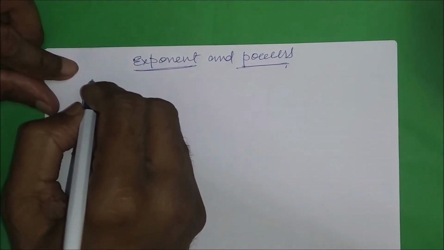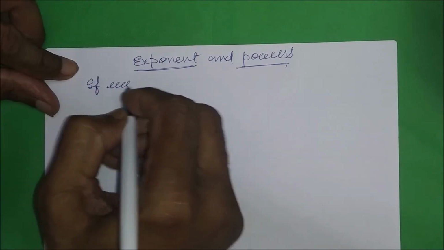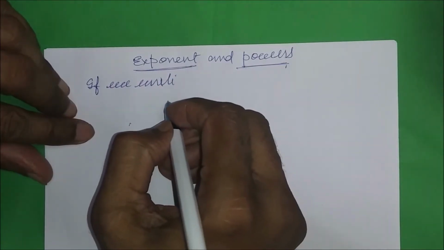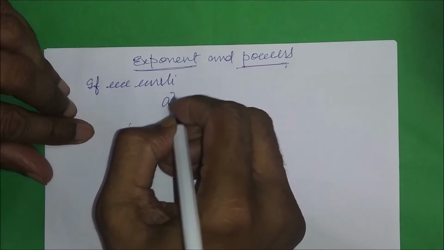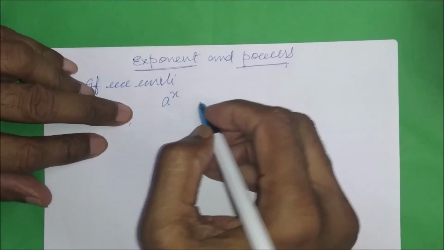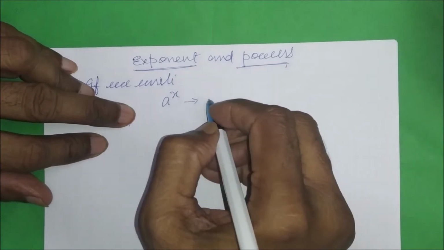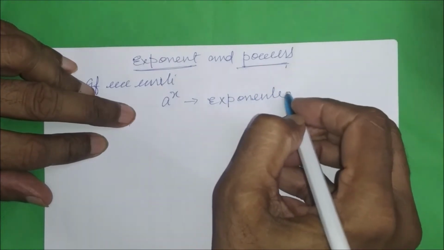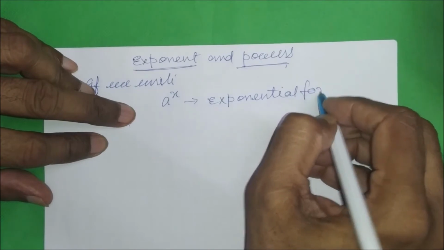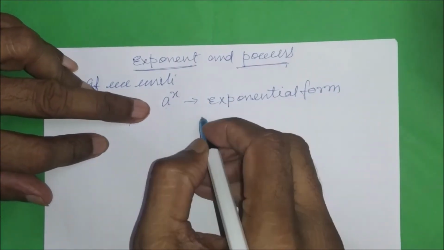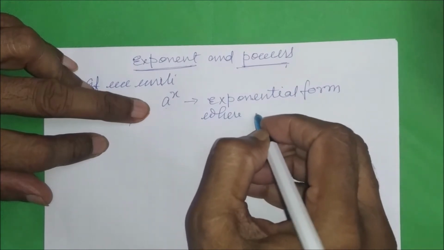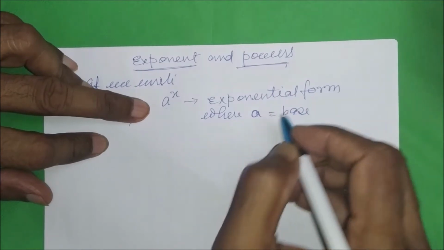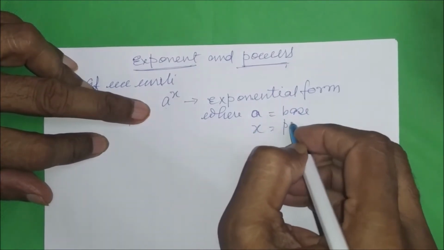Suppose we write a to the power x. This is known as exponential form, where a is called the base, and x is called the power.